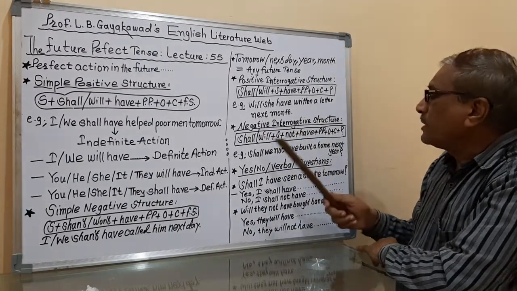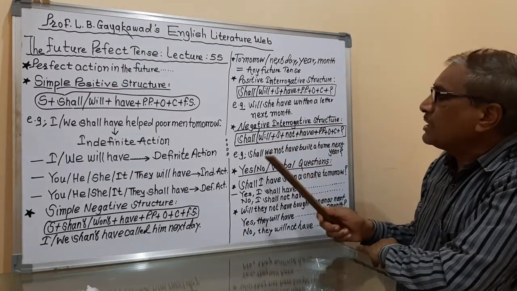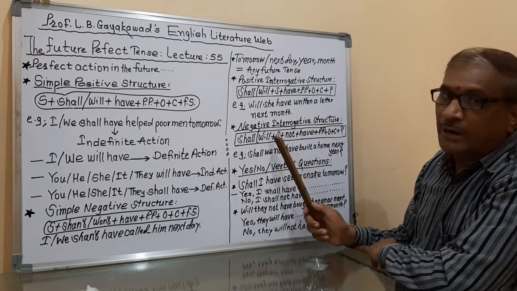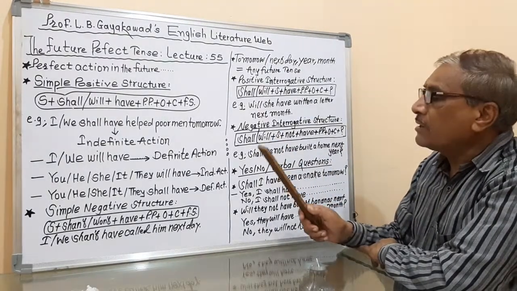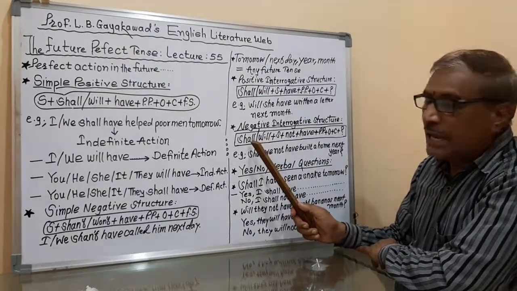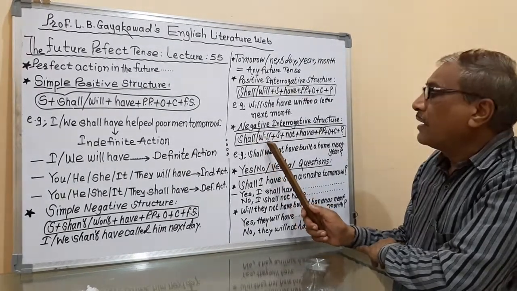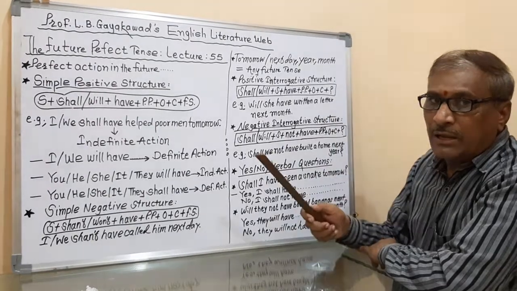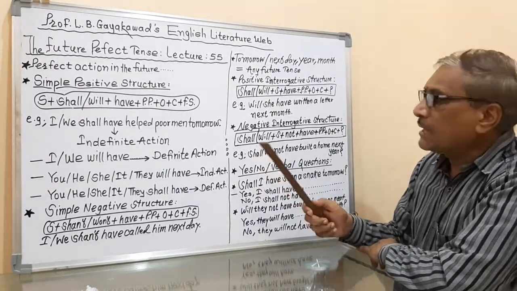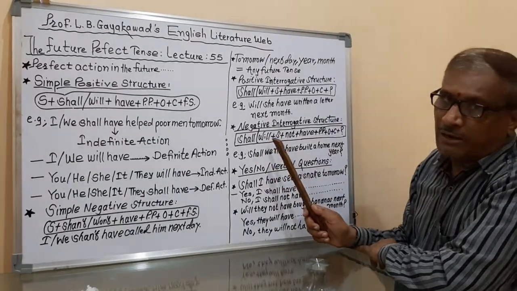So what will be the structure? The structure is shall or will. Again I will tell you that if the subjects are I and we, then we will take shall, and if the subjects are other than I and we, then we will take will.